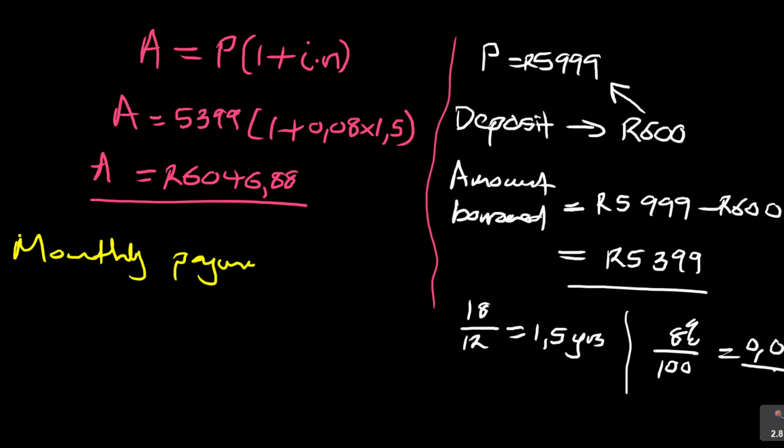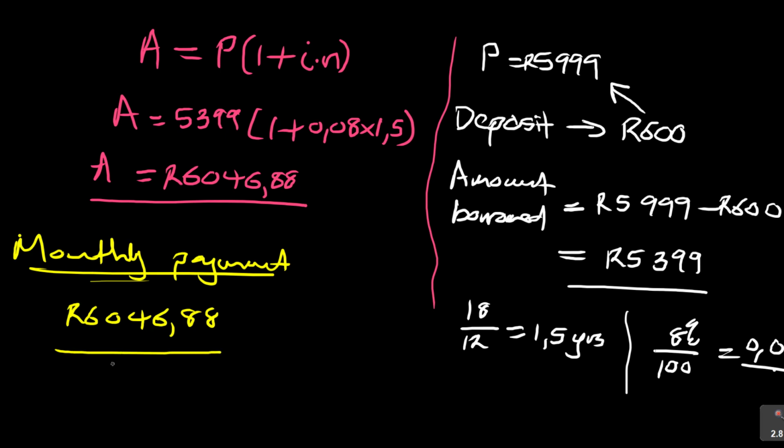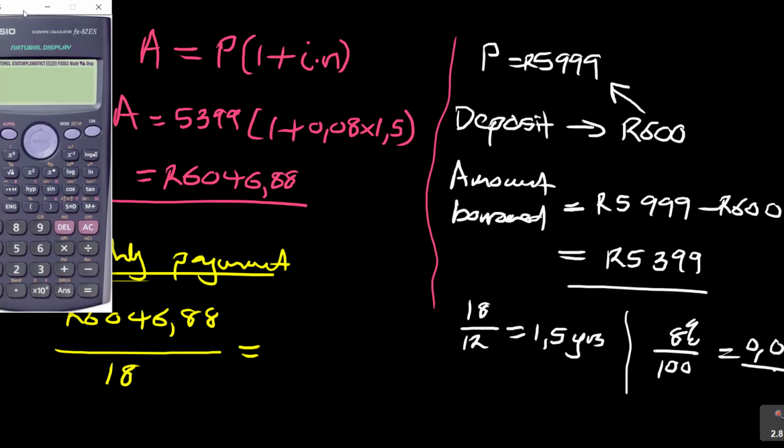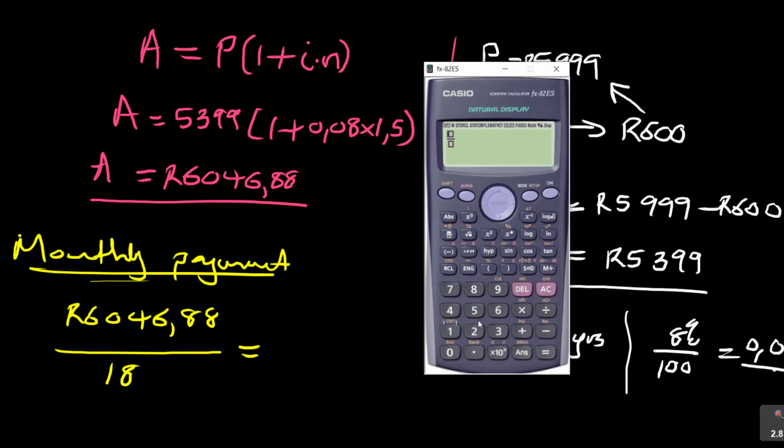Under the monthly payment, you take the total amount, which is equal to 6,046 rand 88 cents. Remember, for how long are you going to do it? For 18 months. You divide that by 18 to find how much that person is going to pay each month. You understand? So that's how we do it. It's not complicated. It's just a matter of trying to understand what it is that they are looking for.